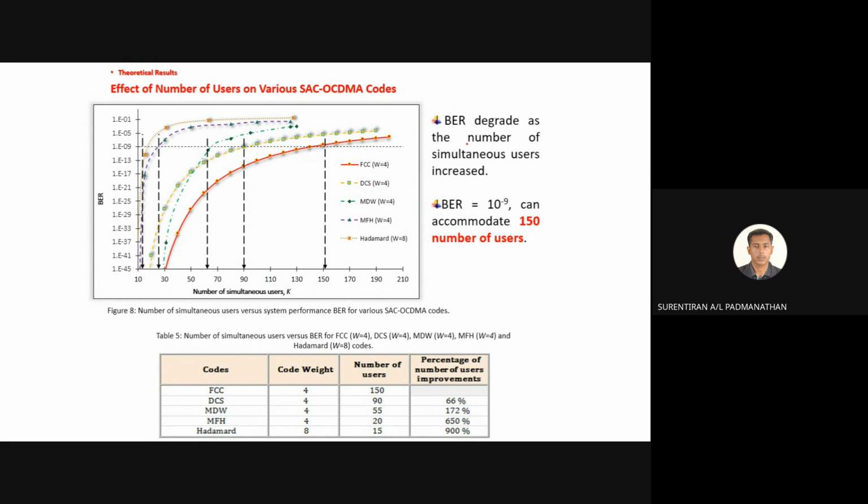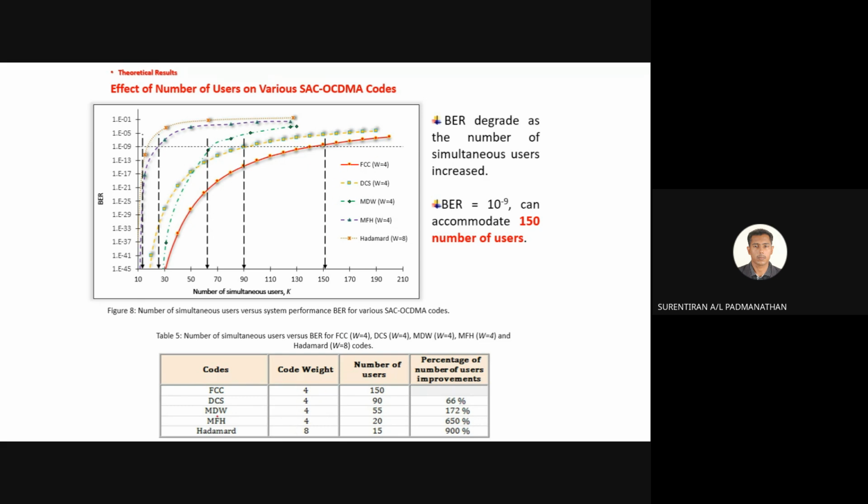Okay, BER, bit error rates decrease as the number of simultaneous users increase. When we convert into this table, it is easy to identify.